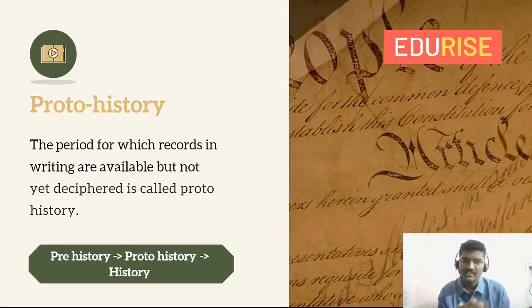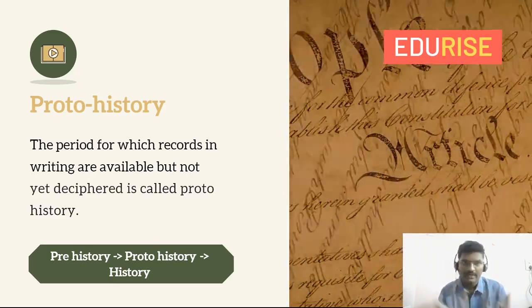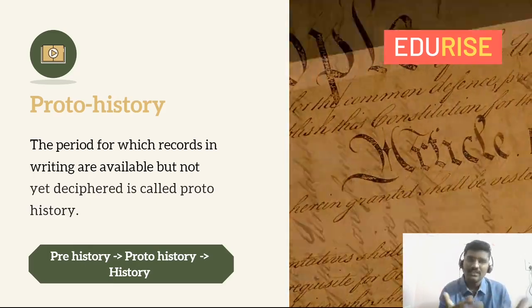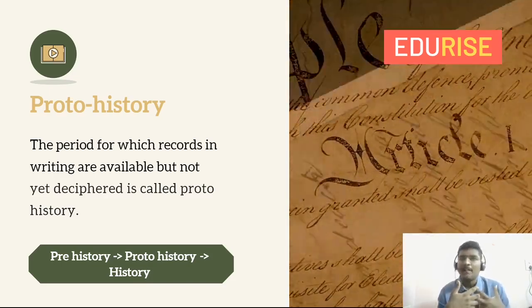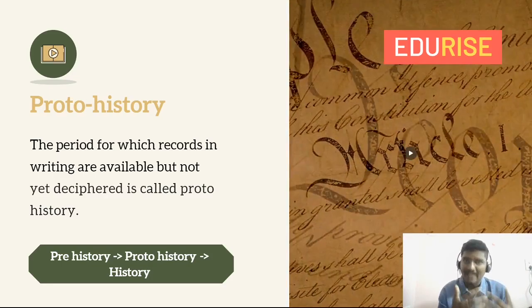In proto-history, we have records of writing, but they have not been deciphered yet. People are still researching them. So if you look at the order, it will be prehistory, proto-history, and then comes actual history, which comprises the events and sequence of things that happened, which is something that we have understood, right?